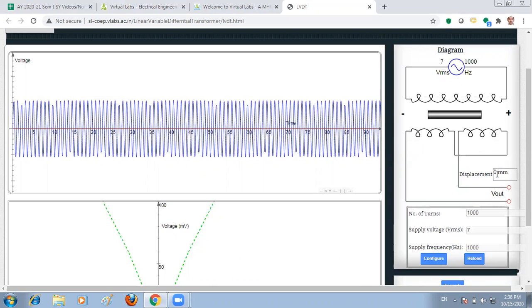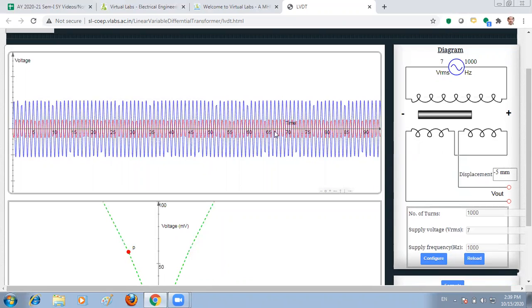Here the displacement is now 0 millimeter. Now I am clicking on minus, shifting this armature to the left side. You can see the displacement has changed. Now it is minus 4 millimeter.